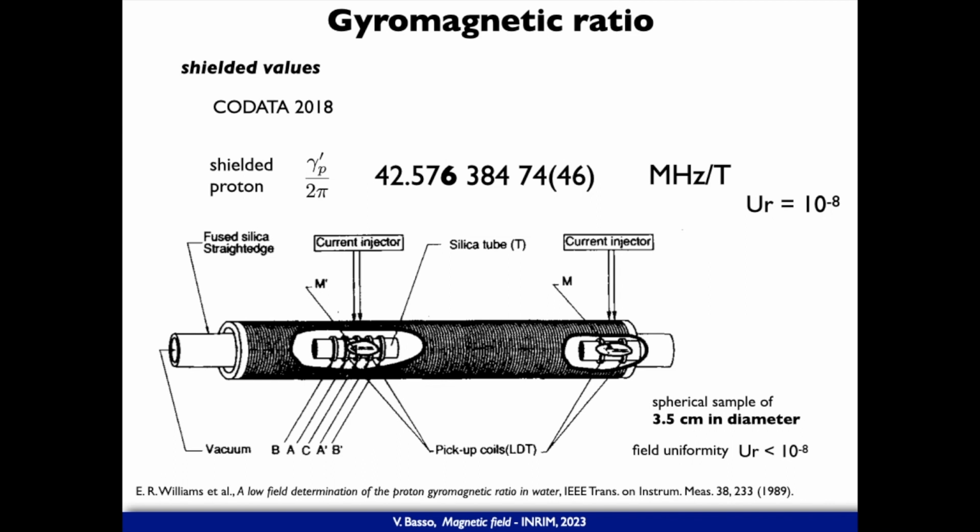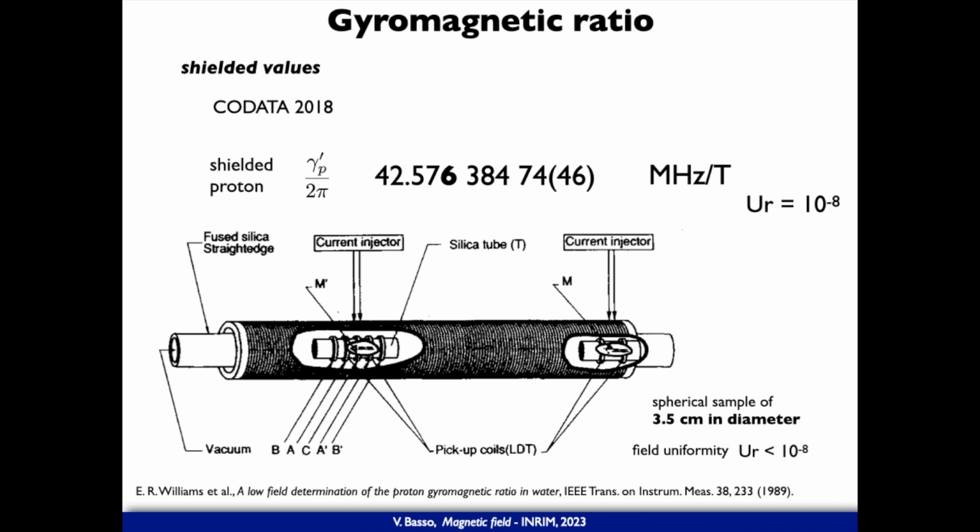Then researchers in many metrological labs, essentially in the 80s, determined this value, which is now used as a very well-defined value in other instruments to determine the magnetic field.